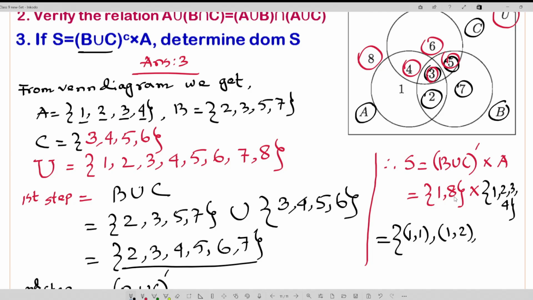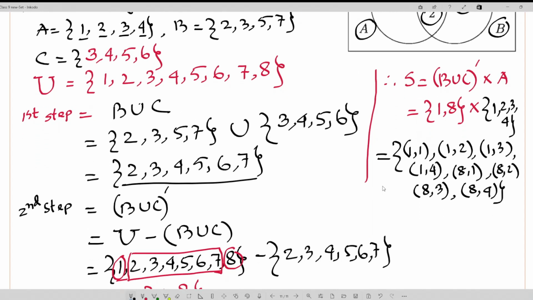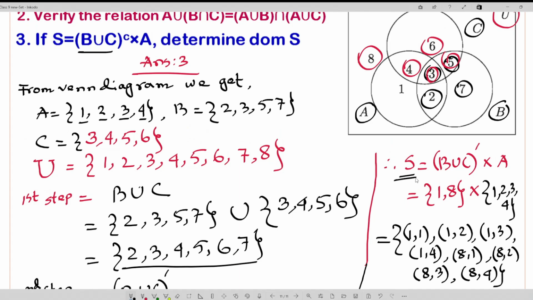We make the product of 1 and 8 with all elements of set A, which is 1, 2, 3, 4: 1, 3, then 1, 4. Now 8, 1, 8, 2, 8, 3, 8, 4, right? So we already have the set S.